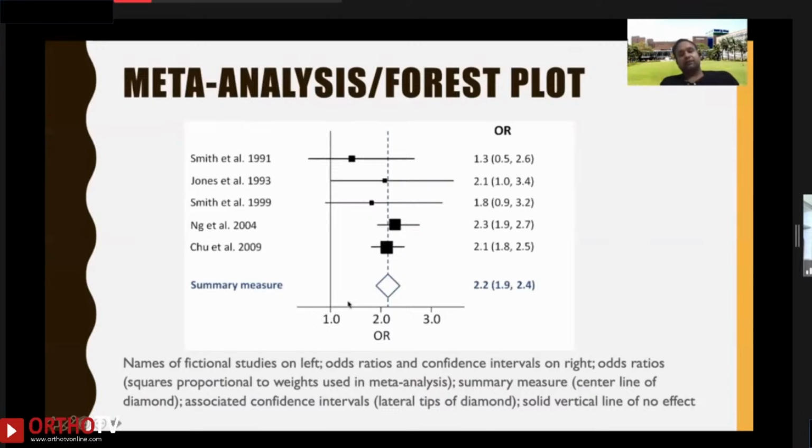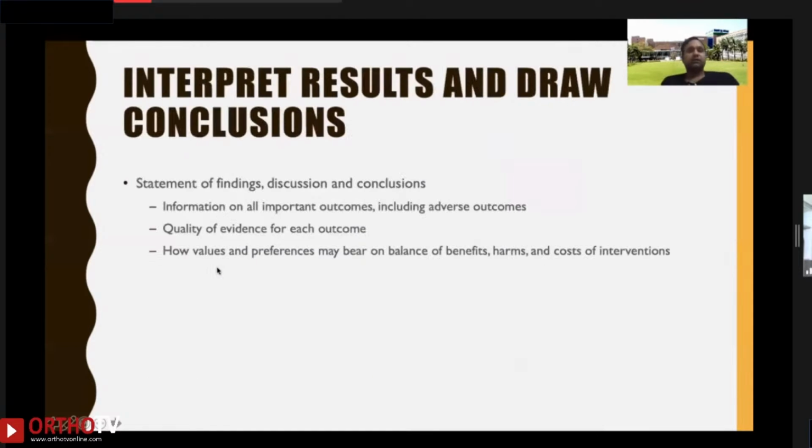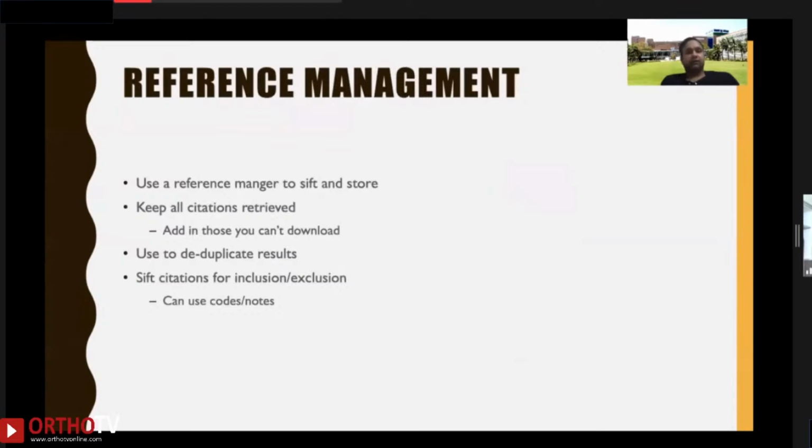If the confidence interval is towards the right, then it goes in favor of the treatment. If it is on the left, then it goes against that particular treatment or the question. You have to interpret your results, all your important outcomes, and how the values and preferences may bear on the balance of benefits; you have to be very careful.